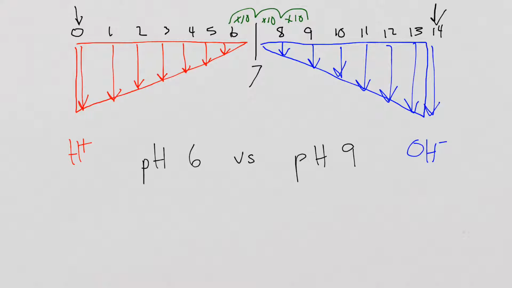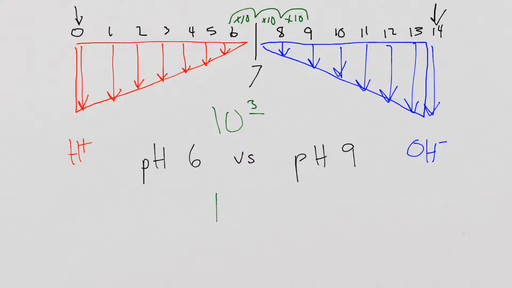So that's like saying, okay, the trick here to find out how much more acidic something is than something else, or how much more basic something is than something else, is saying, okay, well, there were 3 hops here, then it's going to be 10 to the number of hops. Okay?